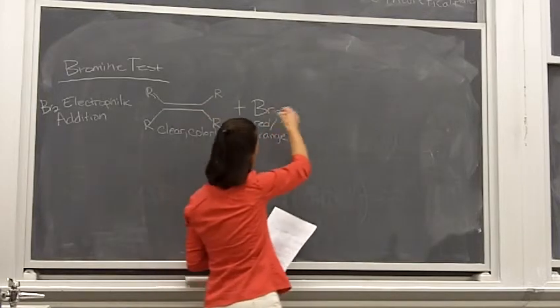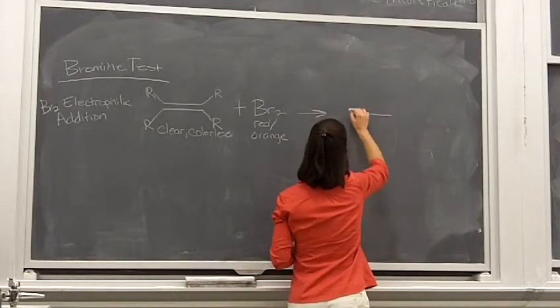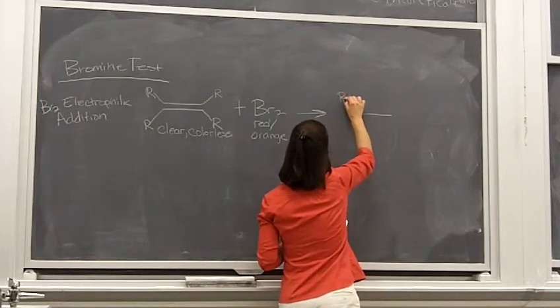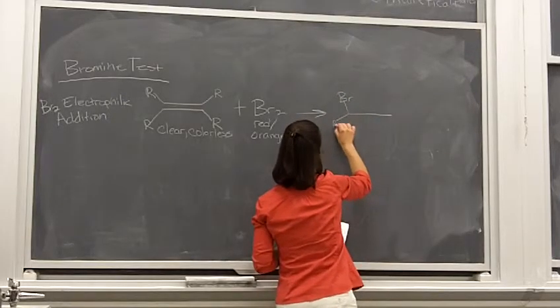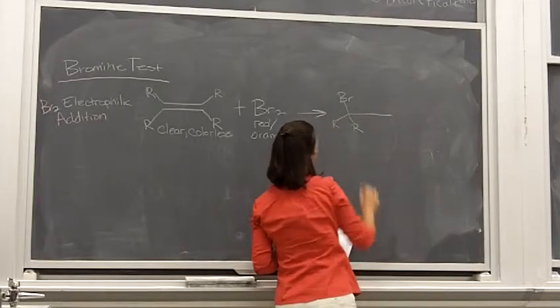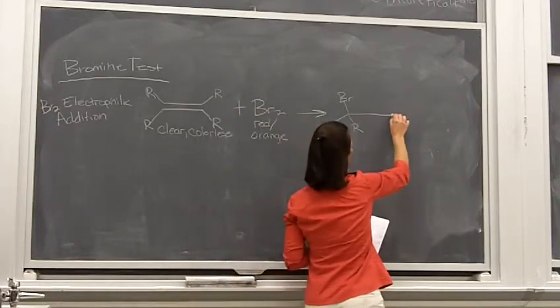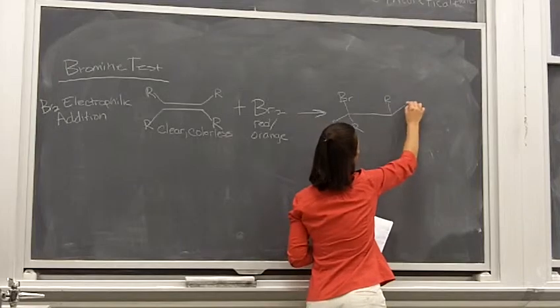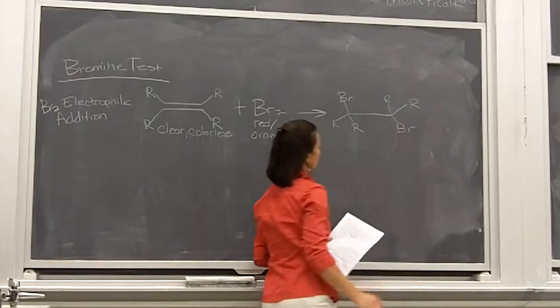And so if you add it to an alkene, what you are going to see, and once you cover this reaction in lecture, you will see why we add across a double bond the way we do, okay? The way I'm drawing this is not random. There is a reason for that, and you'll see that in lecture.